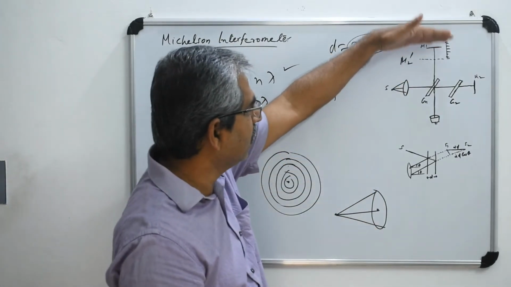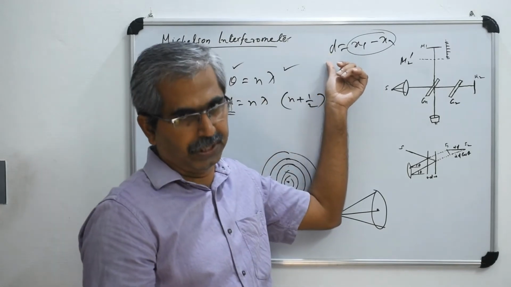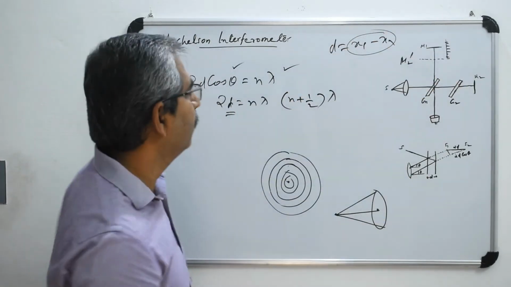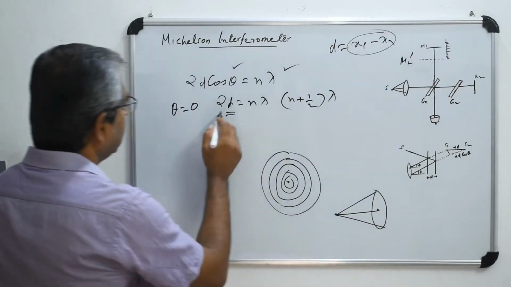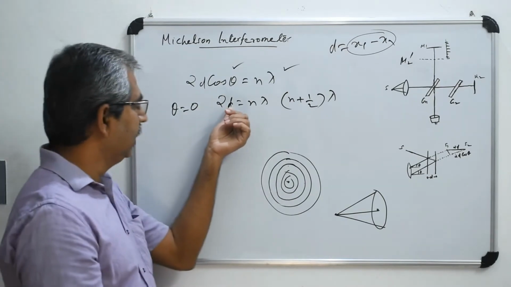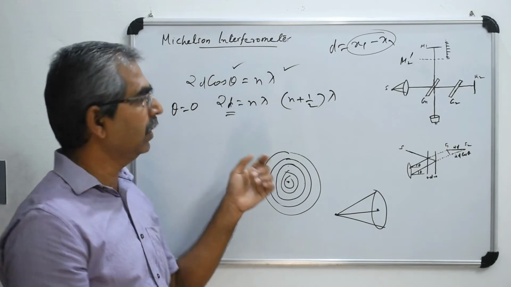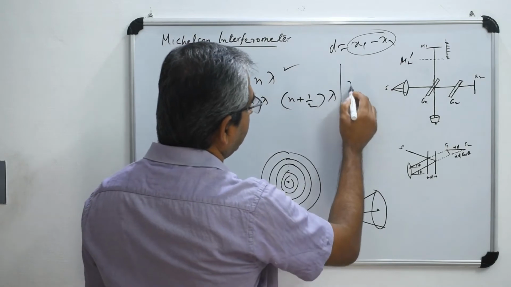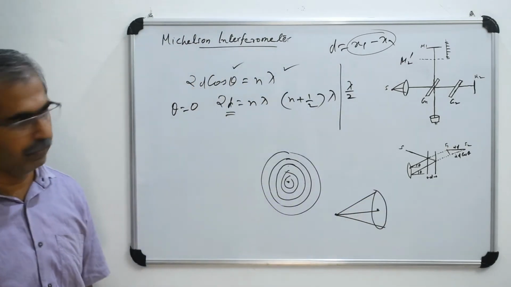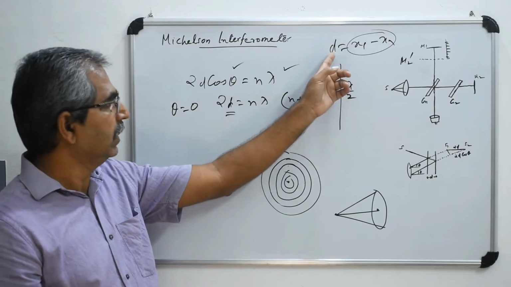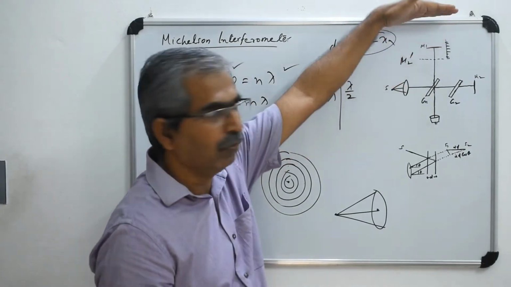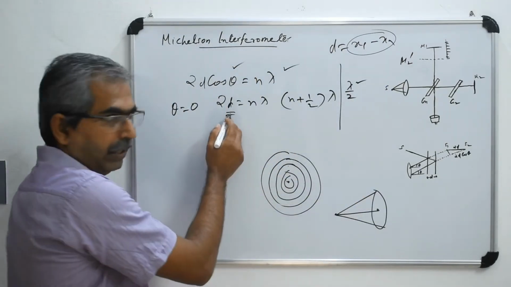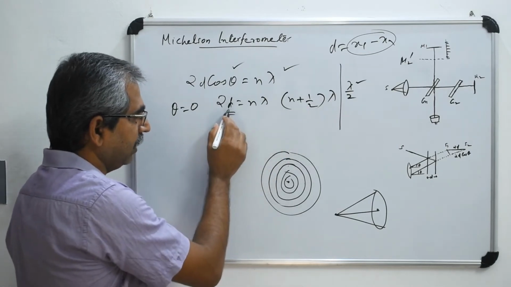By moving M1, you can increase or decrease the value of d, right? Suppose you are increasing the value of d. The path difference is 2d, remember. d will increase, and suppose you are increasing d by lambda by 2. That means you are moving M1 further away by lambda by 2. So what is 2d? 2d, with d equal to lambda by 2.